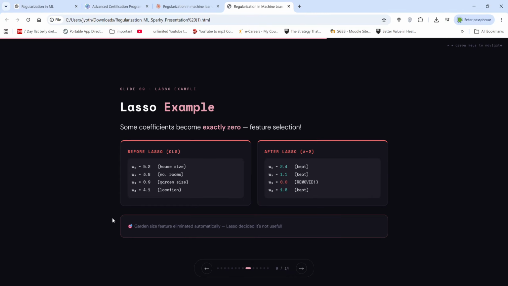As you can see here, the weights before lasso are W1 is 5.2, 3.8, 0.9, 4.1, and after lasso you can see that the feature which is 0.0 is removed. That means it has less importance, and hence that particular feature is removed. So this is the example of lasso.